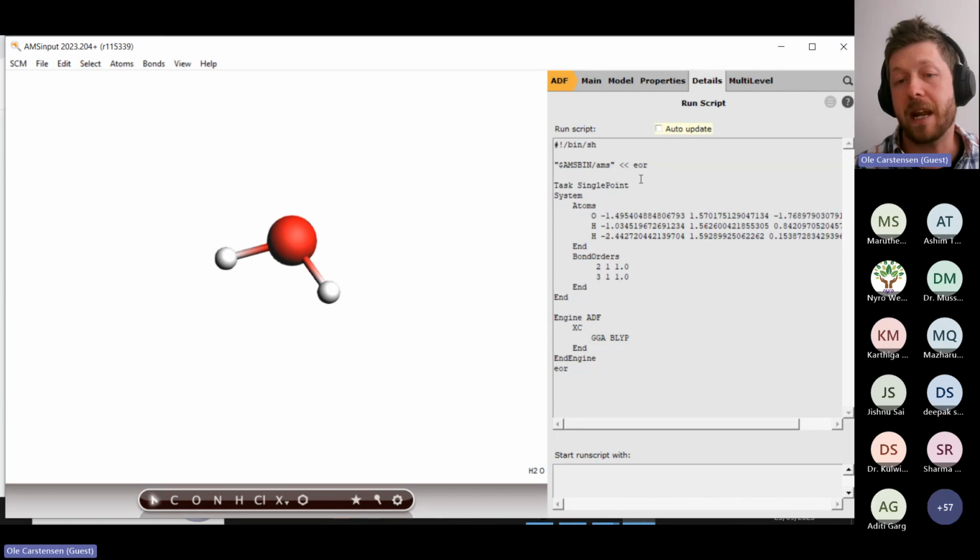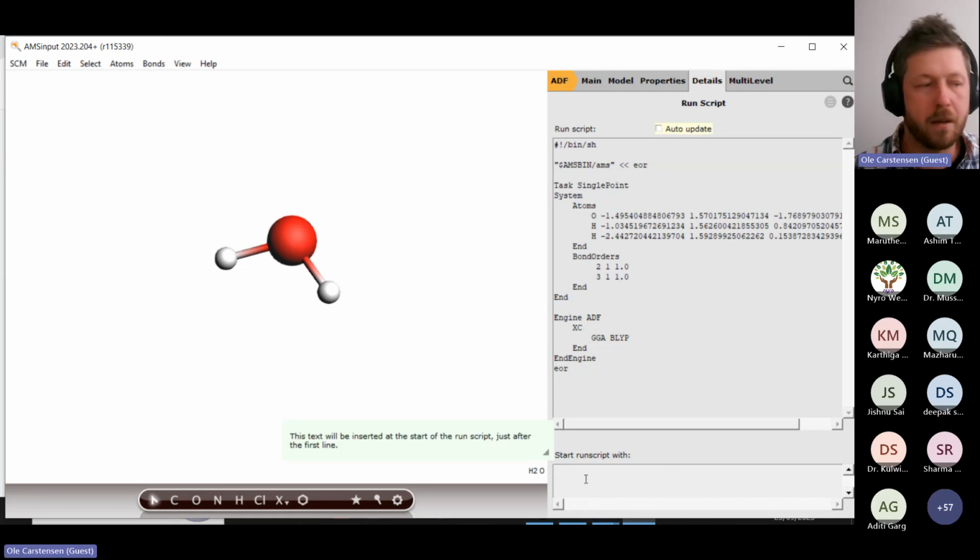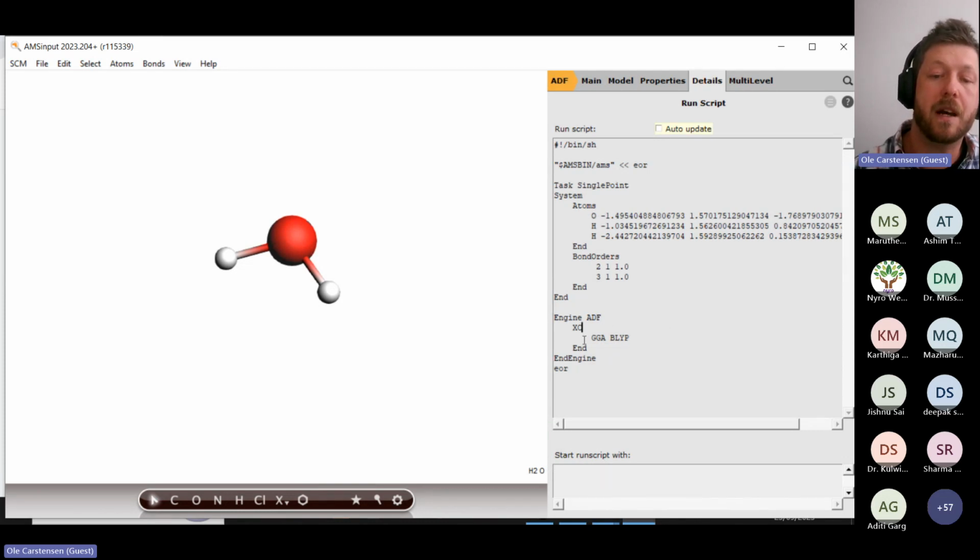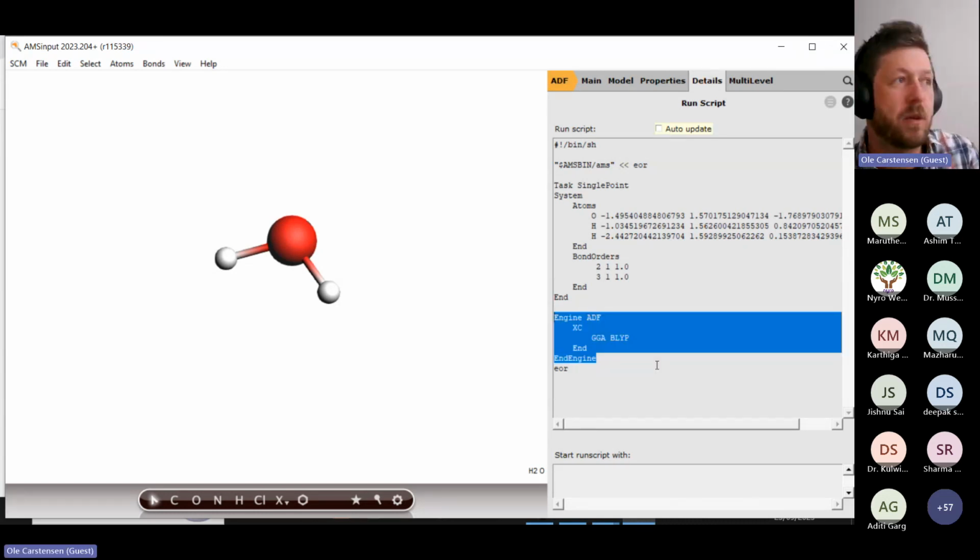And this you can just edit now if you want. You can also pass parameters that you want to pass before the script gets executed here. But this is how to add these. If you find something in the manual and you don't know where to find it in the graphical user interface, you would put it here.